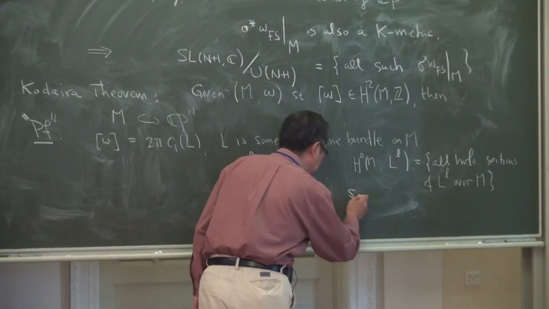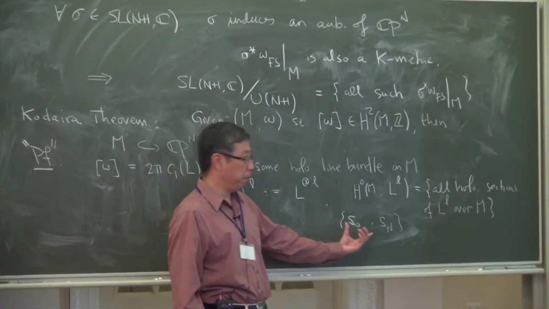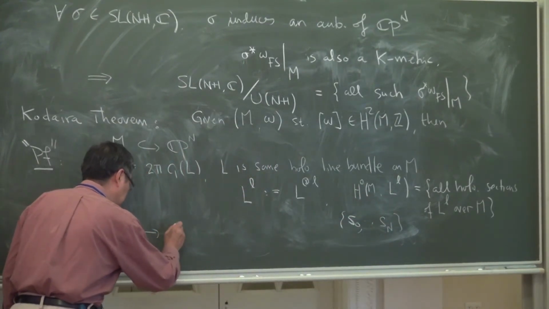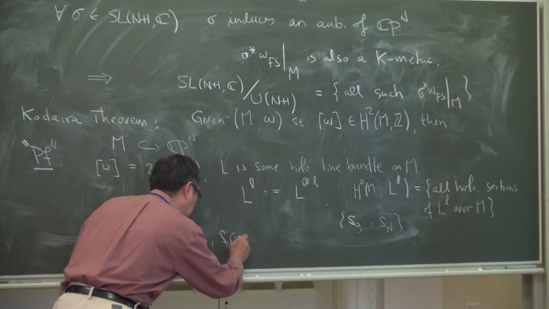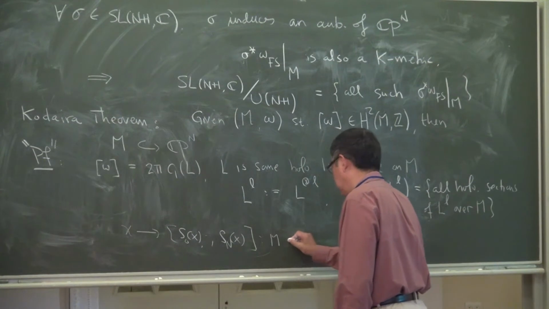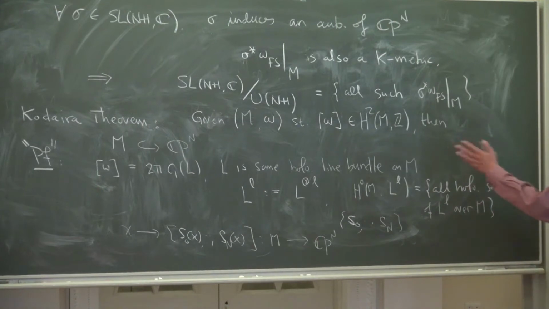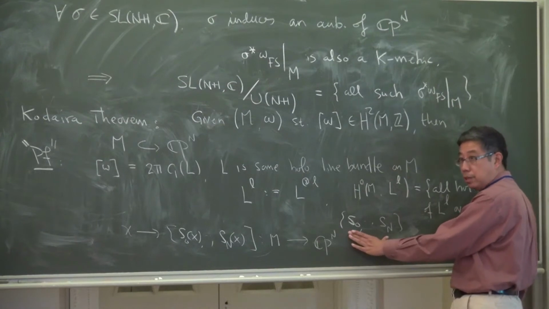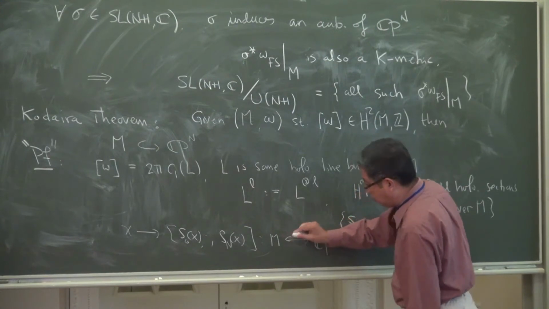Take any basis of this group, and you can use it to embed your M into some projective space. Okay. So Kodaira proved that for L^k sufficiently big, and the basis chosen, this is an embedding.